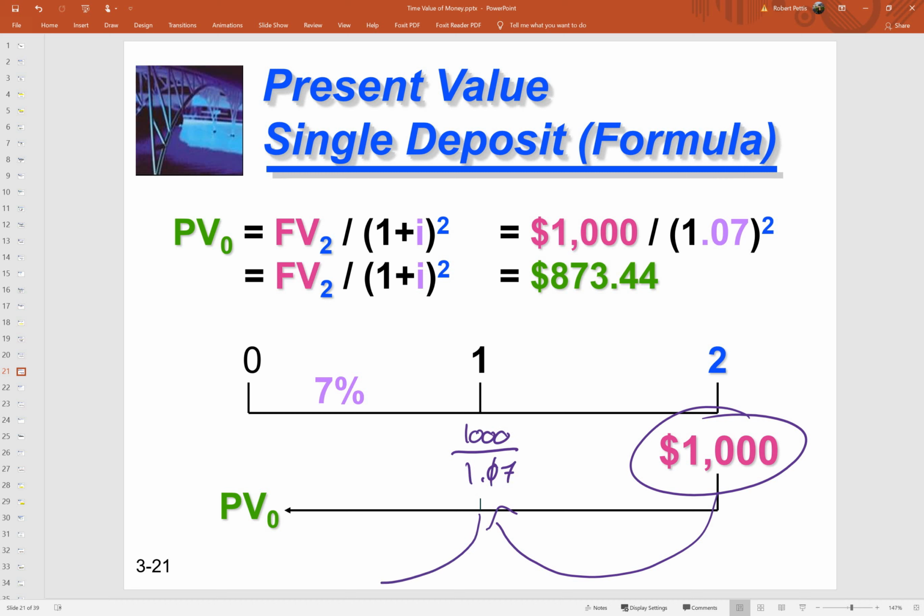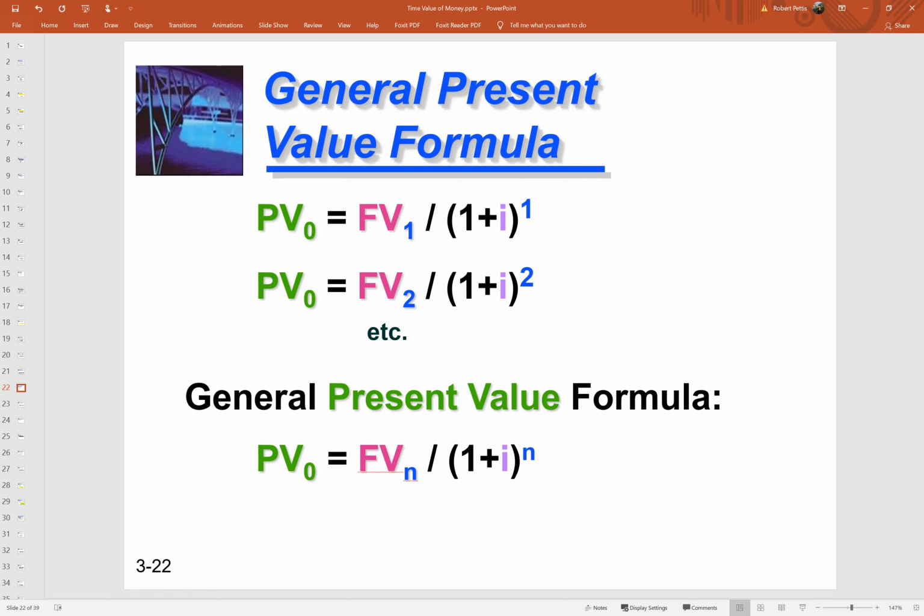Okay, but we're going to discount that amount back again, and we're going to have 1,000 divided by 1.07, and that is going to be divided by 1.07. Okay, in other words, it's going to be 1,000 divided by 1.07 squared. Okay, so going to the future, we multiply; going to the present, we divide. Okay, and so that's our general formula, what we just described.